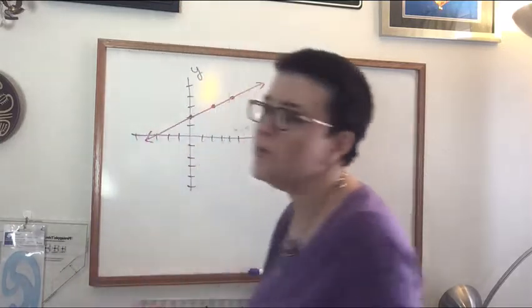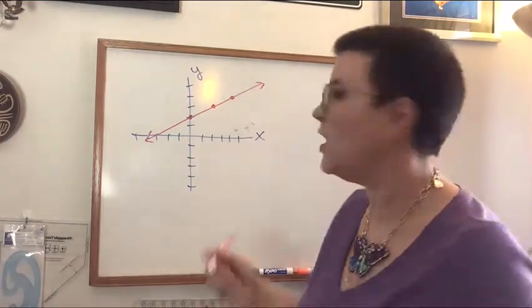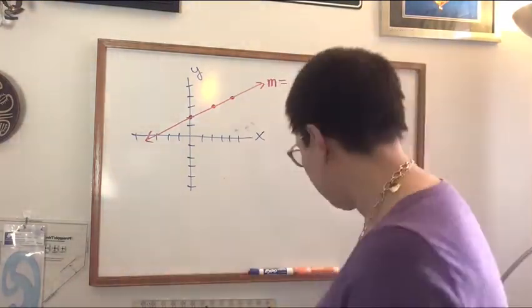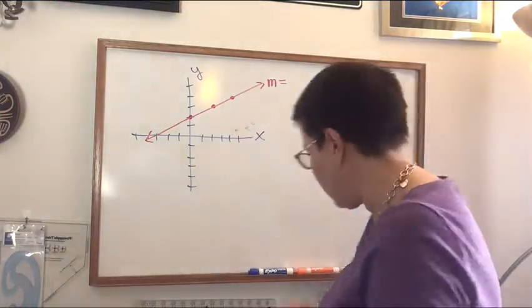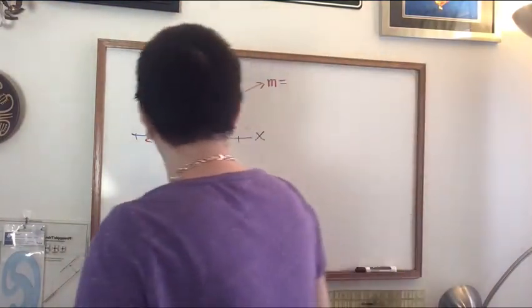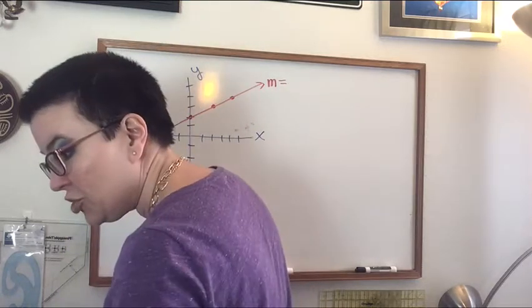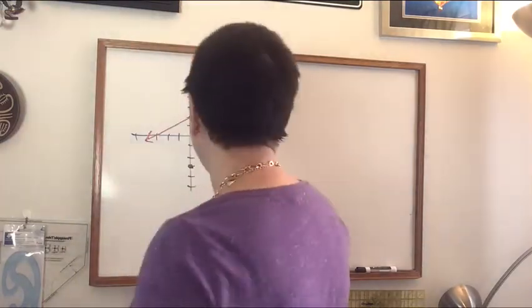Okay, and what we're going to do is you could write the equation for this line, but what we care about is the slope of this line, because we want to compare it to the slope of this other line.